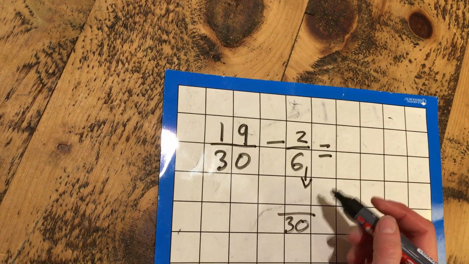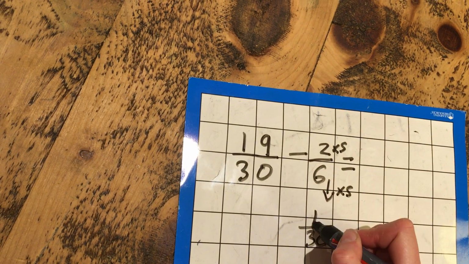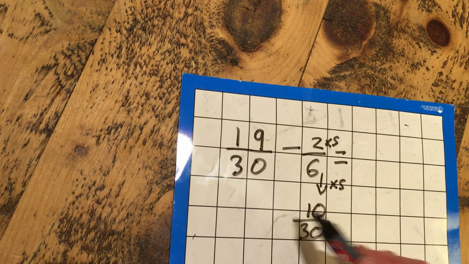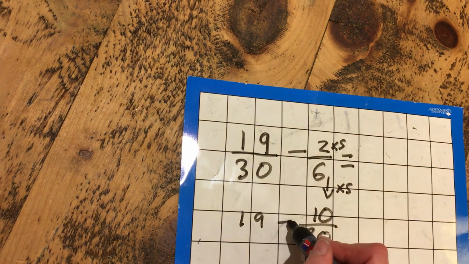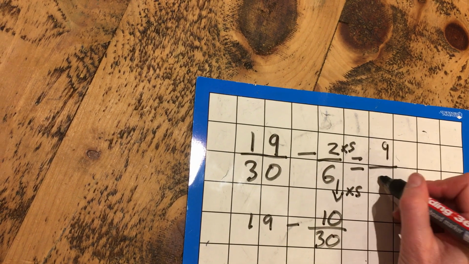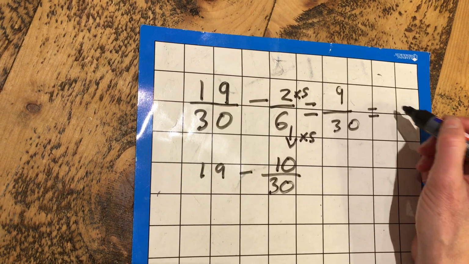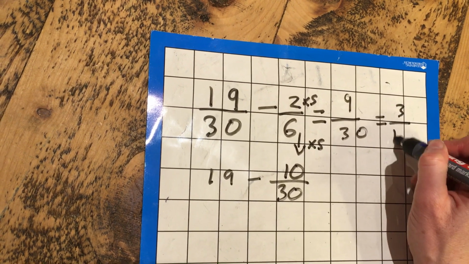How many times 6 is 30? 5. So 2 times 5 is 10. 19 take away 10 equals 9/30. Can you simplify that? If you did, well done. You can simplify that to 3 tenths.